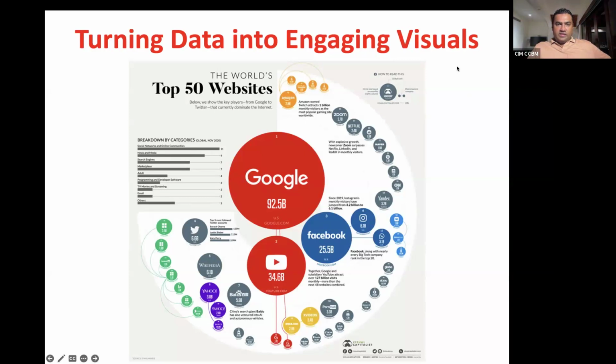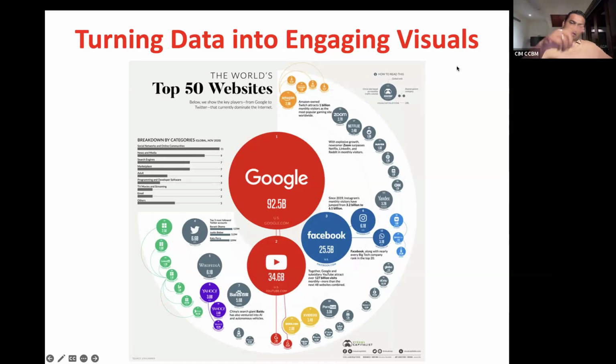Now this is an interesting way to present the world's top 50 websites, right? Can you see the biggest circle talks about the biggest in terms of engagement. And then you have YouTube, then you have Facebook.